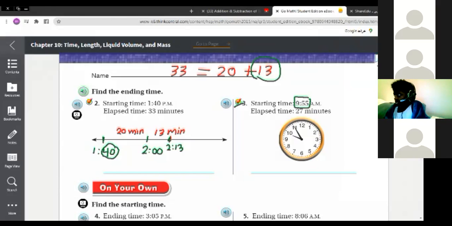No, 27 minus 5. It's minus 5. It's 22. That's right. So we have to add 22 to 10 p.m. So what is the answer?